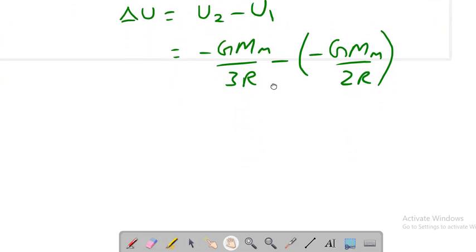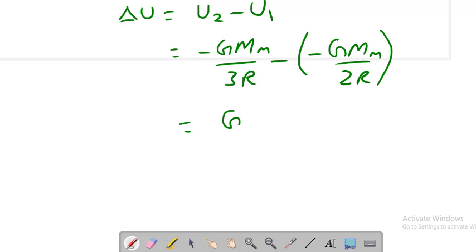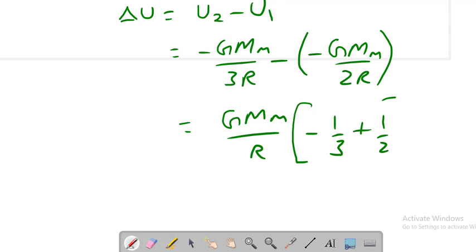There are many things common, so we can take GMm upon r as common. What we are left with is minus 1 by 3, and this minus of minus becomes plus, so plus 1 by 2.